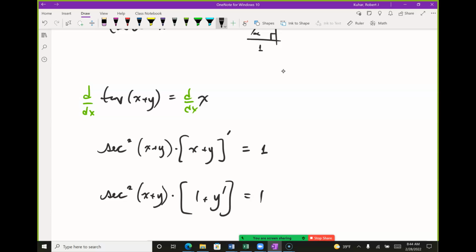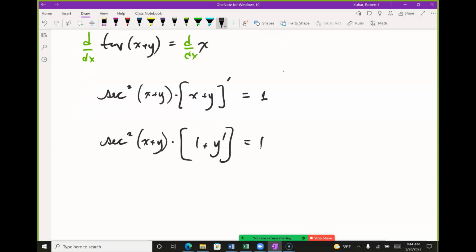Remember, I'm solving for y prime, so it's pretty easy for me to divide by secant squared here. I get 1 plus y prime is equal to 1 over secant squared of x plus y. Of course, I could rename that what?